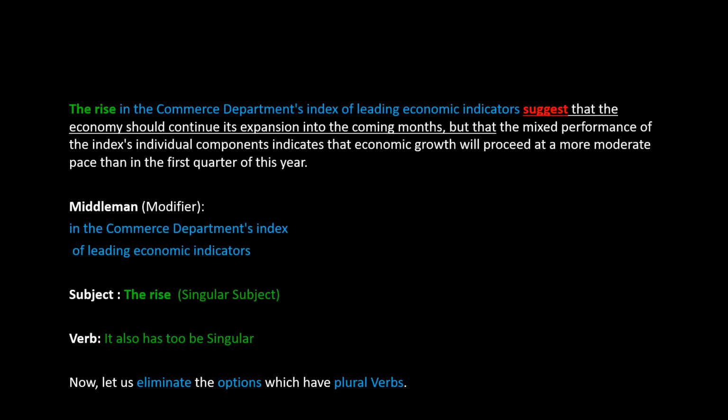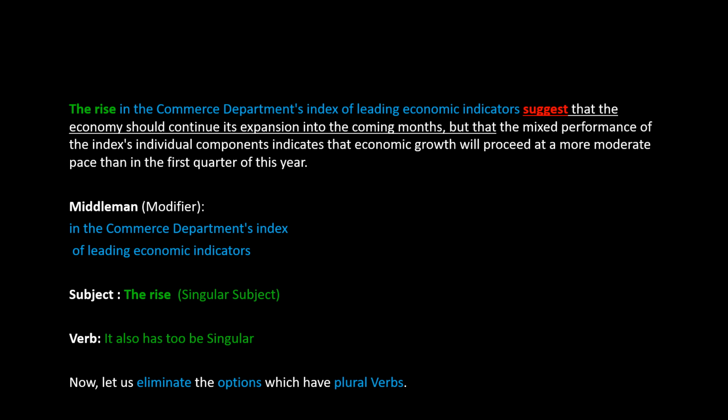of leading economic indicators. After I eliminate these two middlemen, I see the subject, that is the rise, a singular subject, and I see a verb, that is suggest, which is plural. Since the subject is the rise, singular, the verb has to be singular.